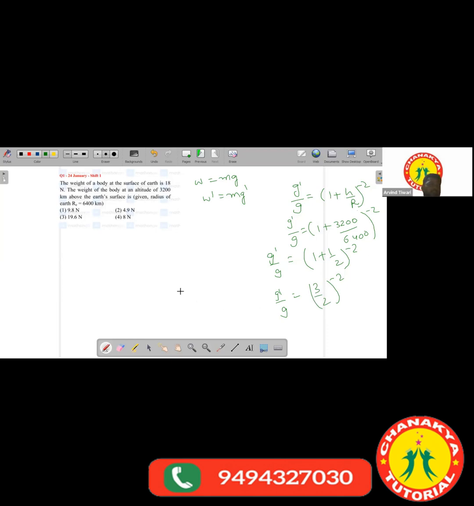If you reciprocate it, you get here g by g dash equals 2 by 3 whole squared, and g by g dash would be equal to 4 by 9. So g dash will be equal to g multiplied by 9 by 4. Now putting the values, tell the answer.